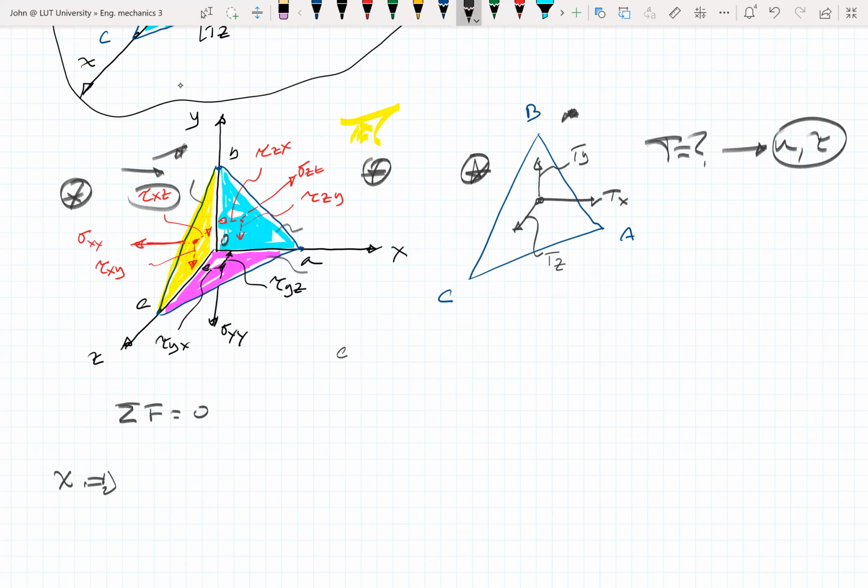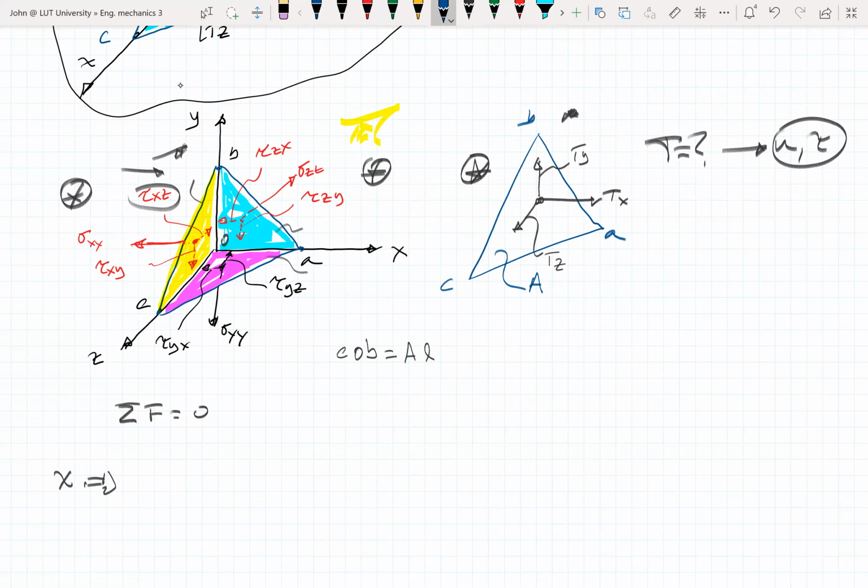C, O, B equals A L. And then the big area, this one here, change it here also, A, B, C. This is A. The inclined area multiplied by the direction cosine L is going to give me this yellow area here.